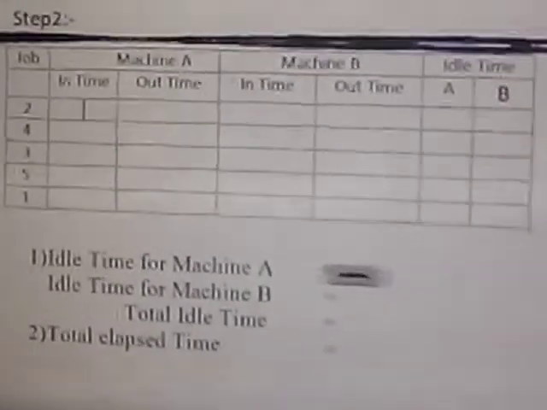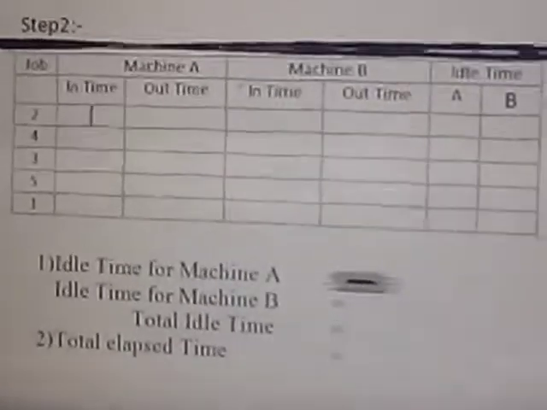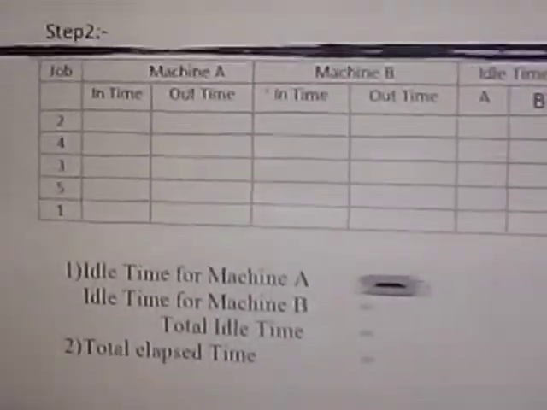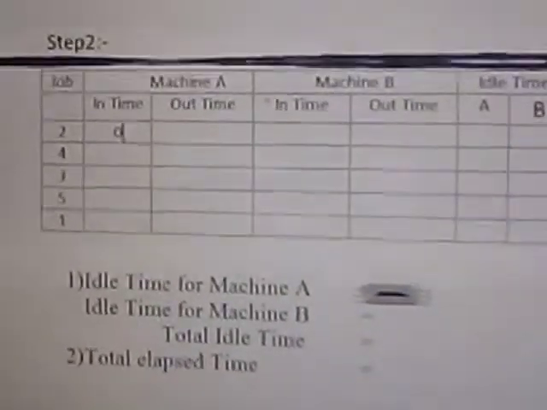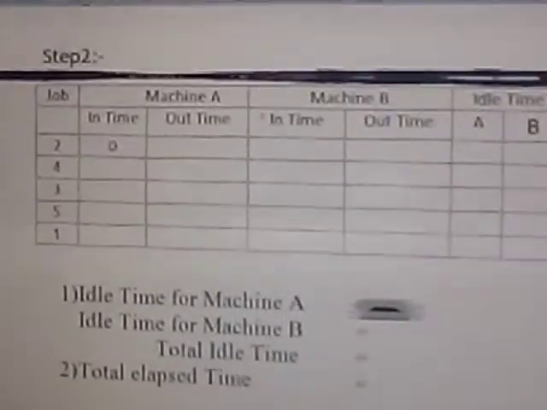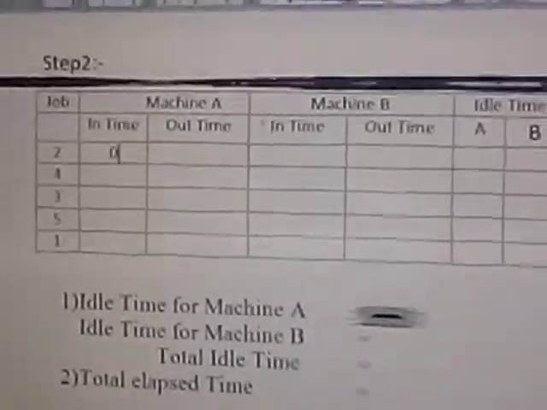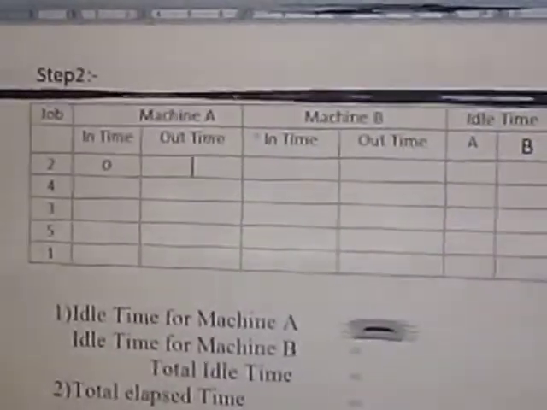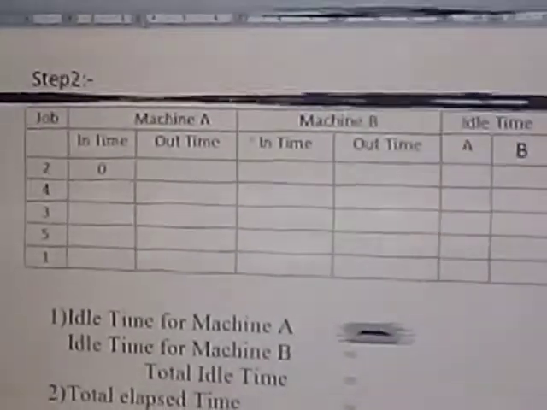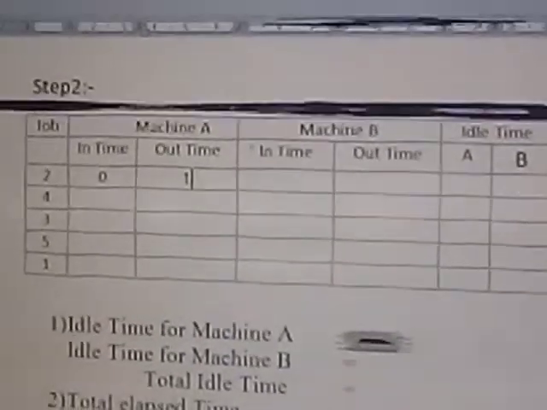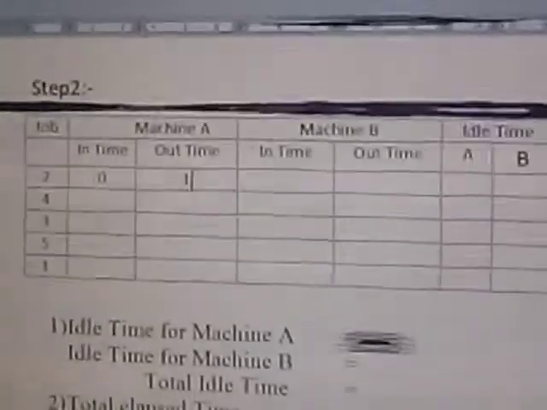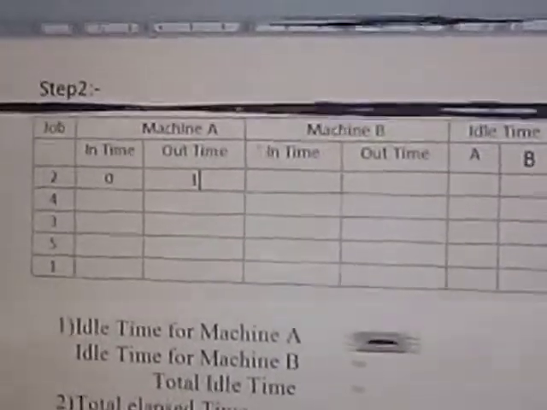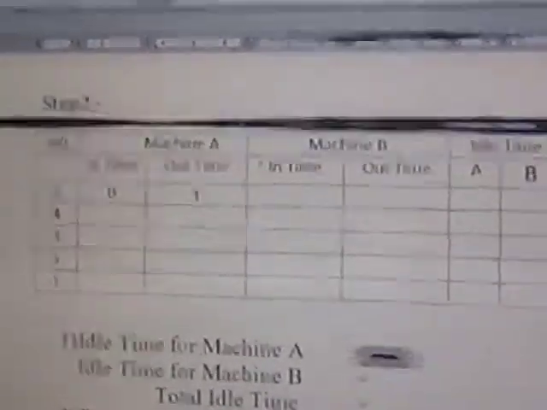Next, in machine A, the in time is always 0, and job 2 takes 1 hour in machine A. Now add 0 and 1 to get the out time of machine A, that is 0 plus 1 is equal to 1.